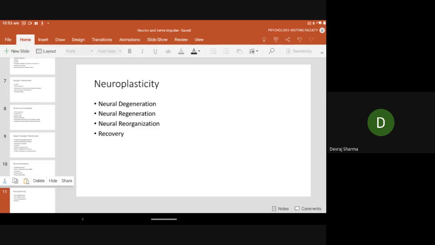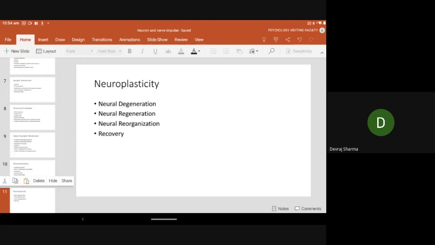Some CNS neurons are capable of regeneration if transplanted to the PNS, because in the PNS the damaged neurons regrow. While PNS neurons transplanted to the CNS are not capable of regeneration. This clearly indicates that the environment of the PNS promotes regeneration.